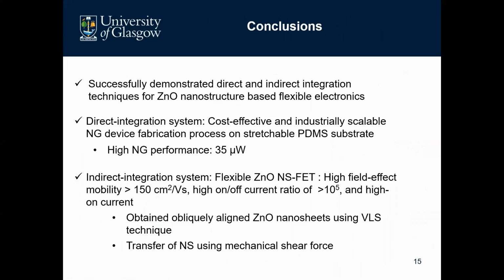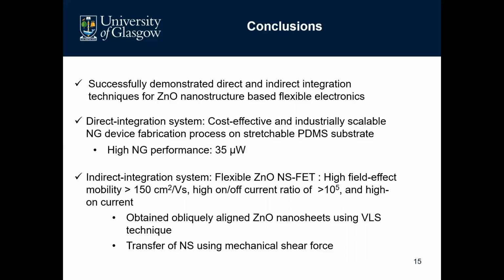In the direct integration approach, we have shown that zinc oxide nanowires can be grown at low temperature directly over flexible substrates, and here we have shown even on stretchable substrates such as PDMS. Performance of these energy harvesters using the direct integration approach reached 25 microwatt, which was used to power low power electronics such as LCDs.